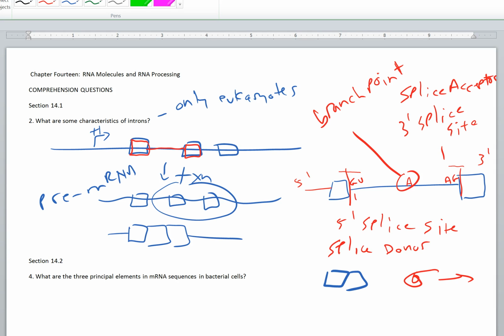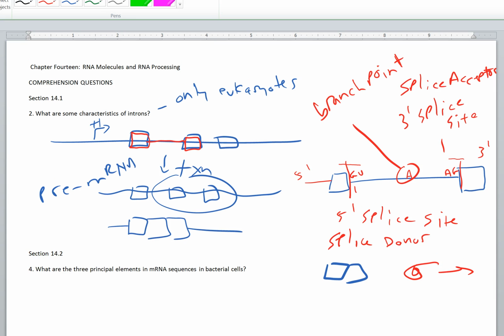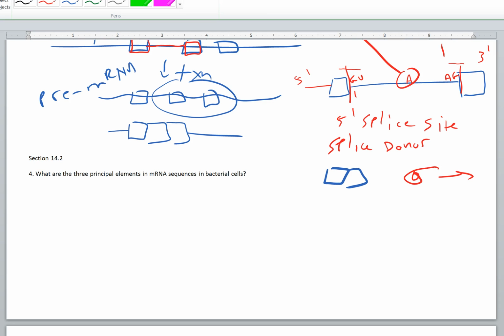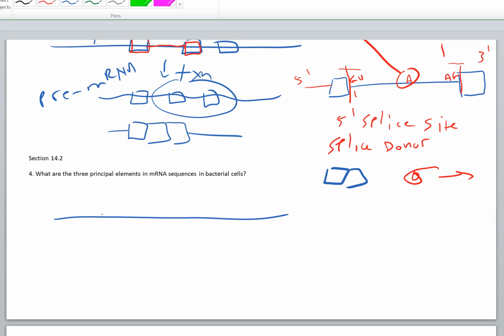And what are the 3 principal elements in mRNA sequences in bacterial cells? There's not a whole lot going on with RNA in bacterial cells, at least at this level that I know of. So here's a bacterial gene. These are not exons, though. These are individual open reading frames.